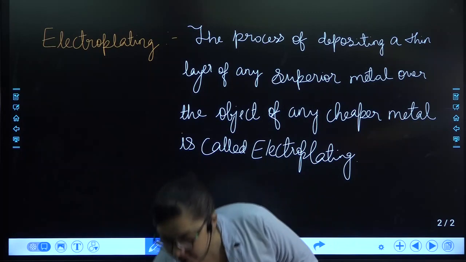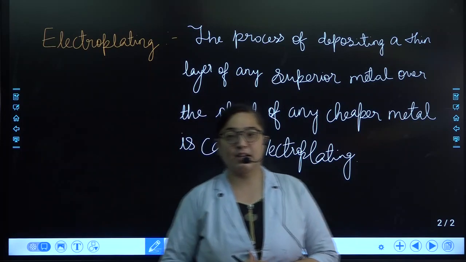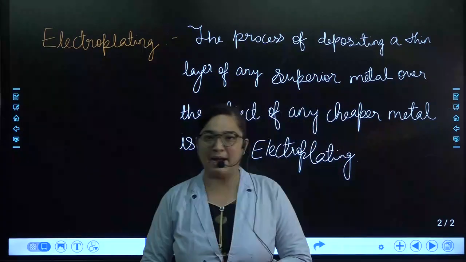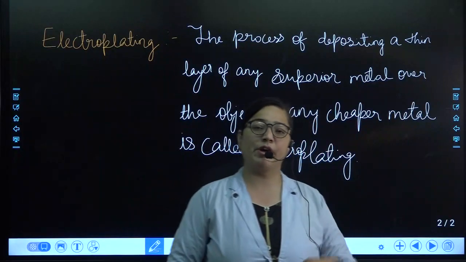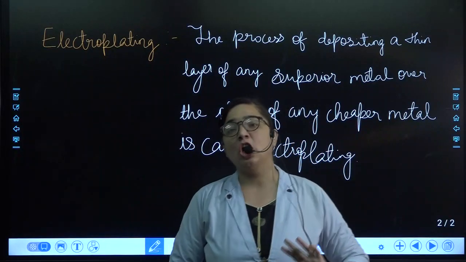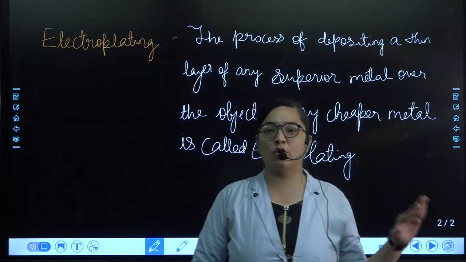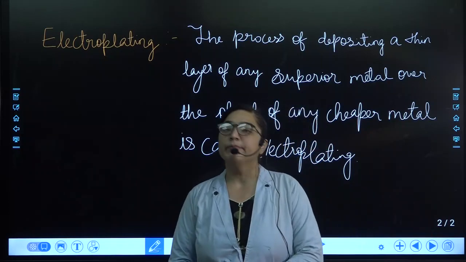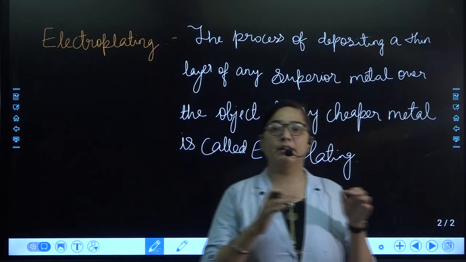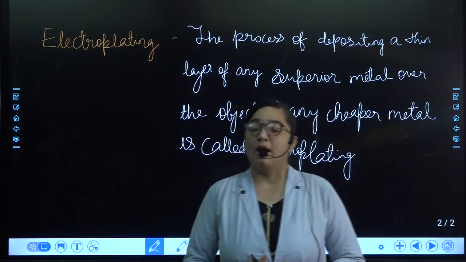Then there was tin and zinc coating. That cannot be done by electroplating. What we have to do is dip them in its solution, or we have to allow the hot rolled sheets to pass over them. In this way, we can prevent the corrosion.